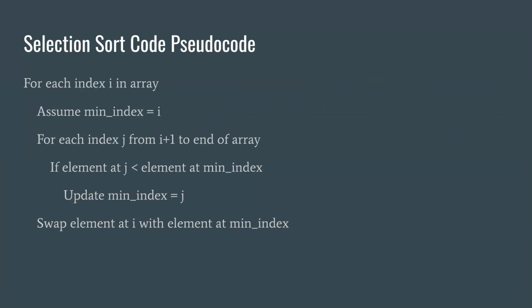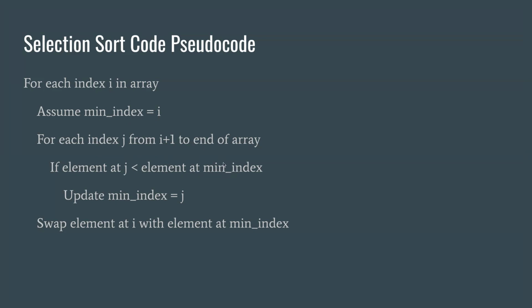And here is the selection sort pseudocode. If you want to do this, you have an array, and for each index i in the array, you assume there's a minimum index i, and then for index j from i plus 1 to the end of the array, you look at whether the element at j is less than the element at minimum.